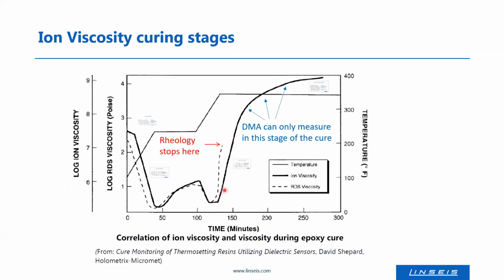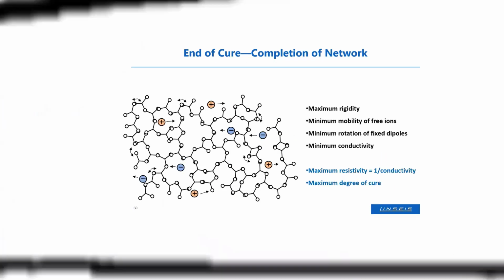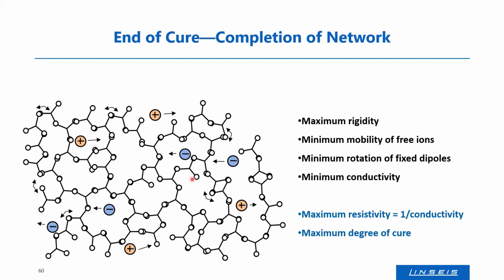But with the dielectrical analysis, you can see the whole process of your cure. It's not possible with a rheometer and also not with a DMA, which is in fact a rheometer with higher forces. You see only the later part of the reaction, when you have a very dense network with a lot of links.